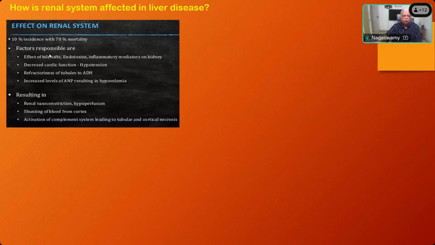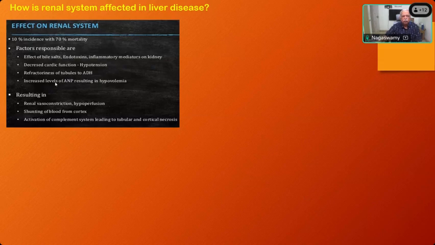The factors responsible for the hepatorenal syndrome are effects of bile salts, endotoxins, and inflammatory mediators on the kidney, and also decreased cardiac function, which reduces the renal blood flow as a secondary factor. The ADH, the hormone responsible for water retention, has a refractory effect, and there is an increased level of atrial natriuretic peptide resulting in hypovolemia.